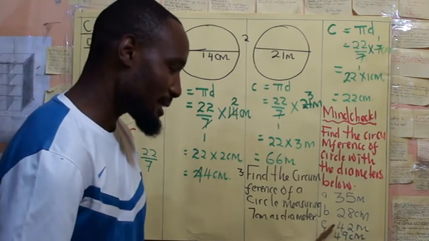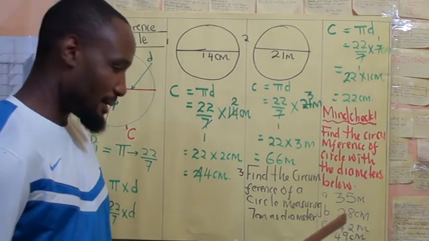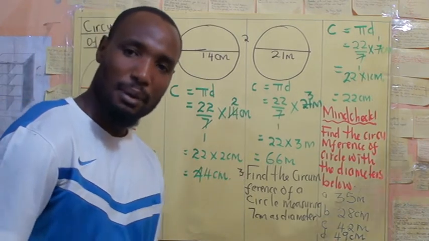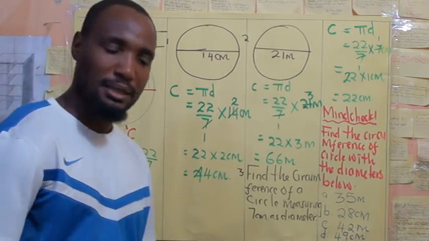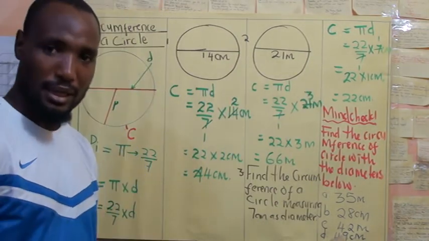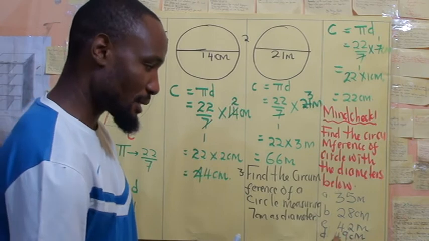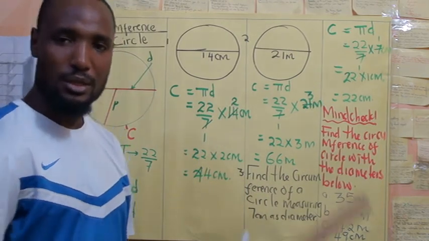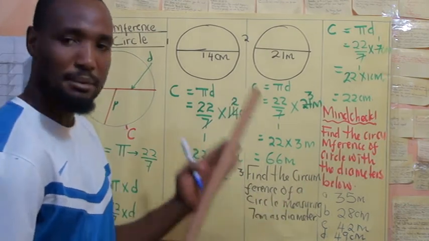For the next, draw another circle, put 42, then say circumference is equal to pi d, that is 22 over 7 times 42 meters. Same for D: draw a circle, put a diameter of 49, and say circumference is equal to pi d, which is 22 over 7 times 49.